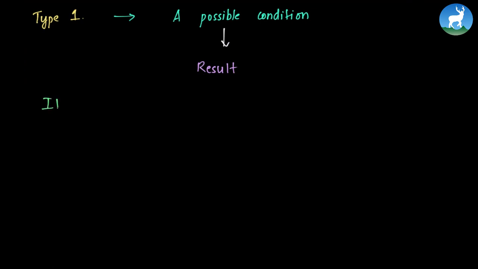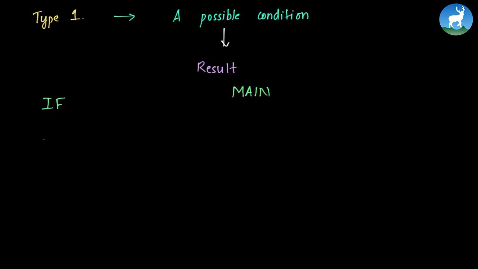Now we shall see the type 1 conditional sentence. For type 1, we have a possible condition and its probable result. Now again, we have two clauses, the if clause and the main clause.